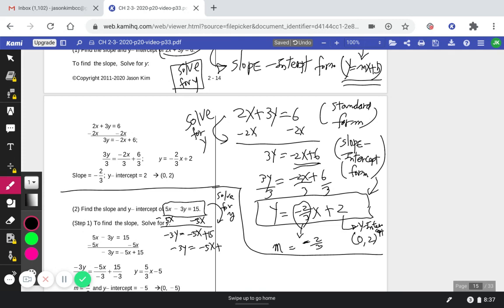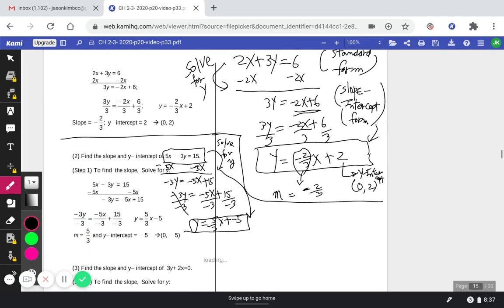Divide all of them, each term, by -3. Cancel out. y becomes 5 over 3 x plus -5. So, ta-da! You end up with the y equals mx plus b format.